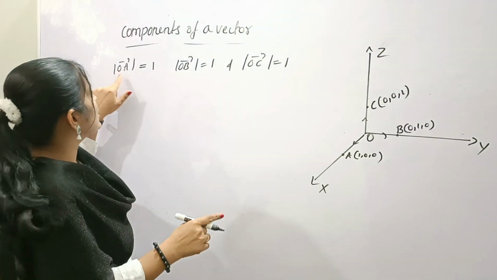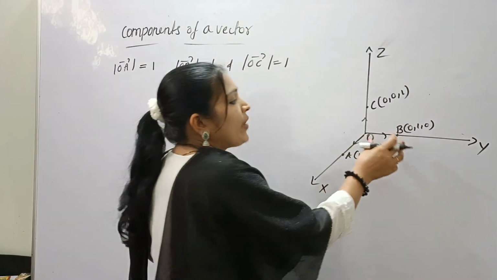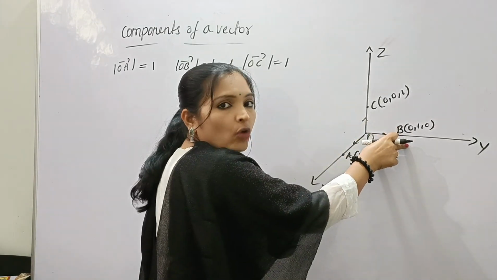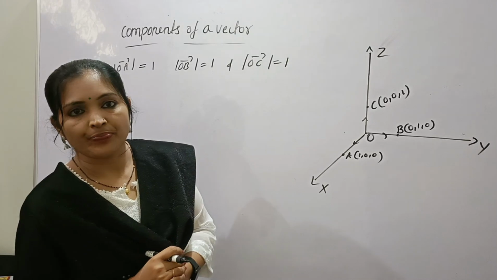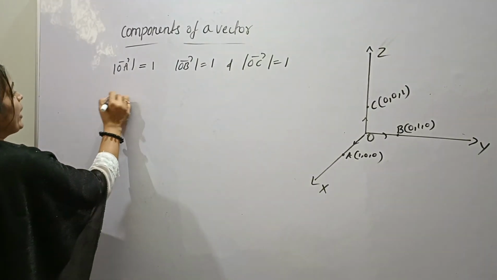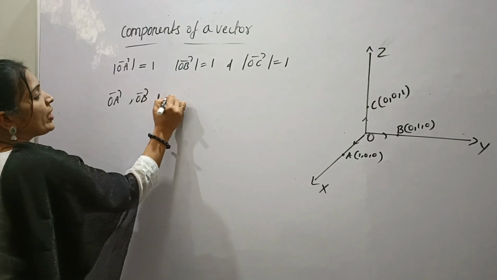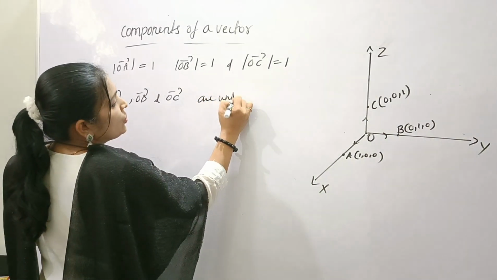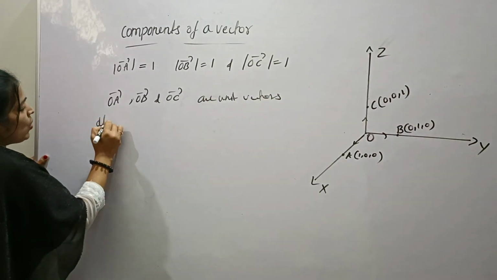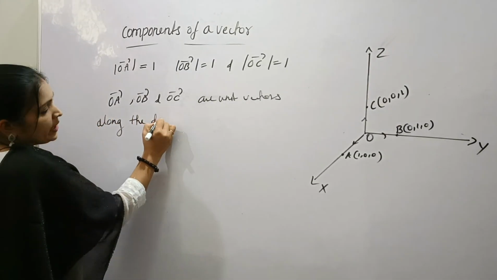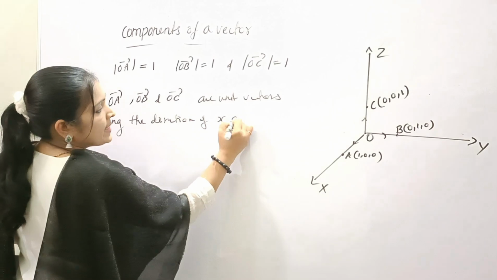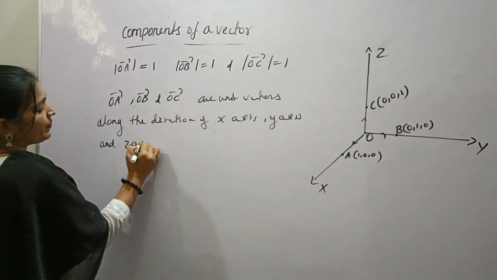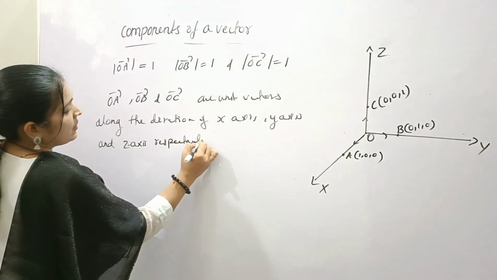Vector OA is along the x-axis, vector OB along the y-axis, vector OC along the z-axis.